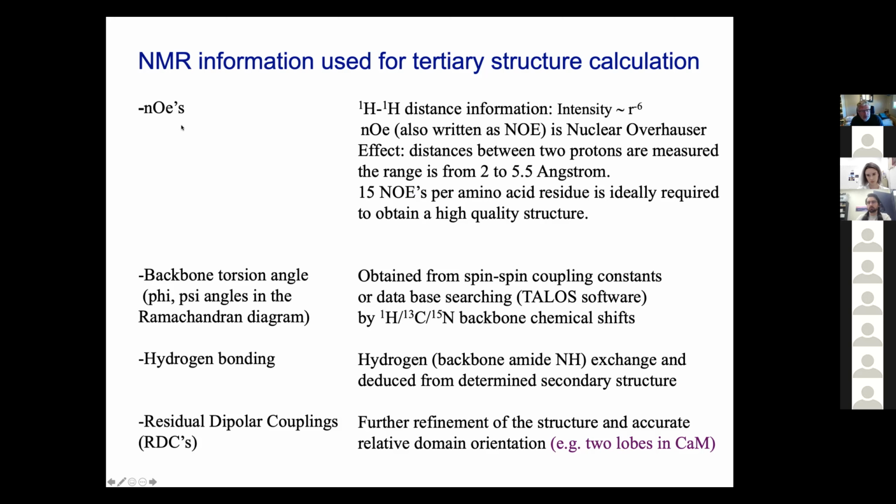Now, apart from NOEs, there's other information that we can also include in the structure calculation. And we've already talked about the fact that in the chemical shifts that we see for the alpha hydrogen along the backbone of the protein, if it shifts in one way, they're usually involved in a beta sheet.